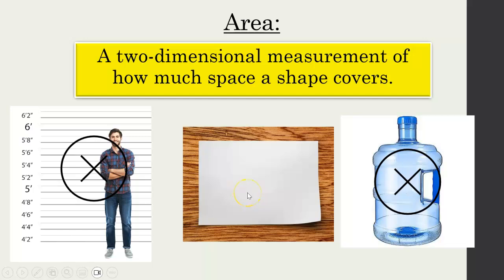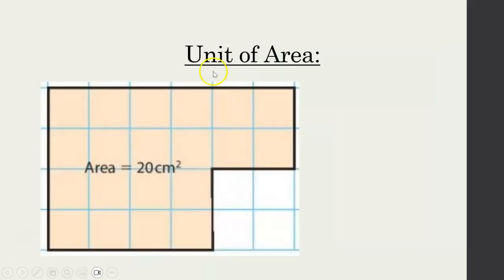how much space that takes up. Then the unit of area. You remember when we were talking about the unit of length, it was just meters or centimeters. But you'll see here, the area of this shape, we use centimeters to the power of 2, or as we call it, squared. So that would be 20 centimeters squared is how you would read that. Now, why is it squared?